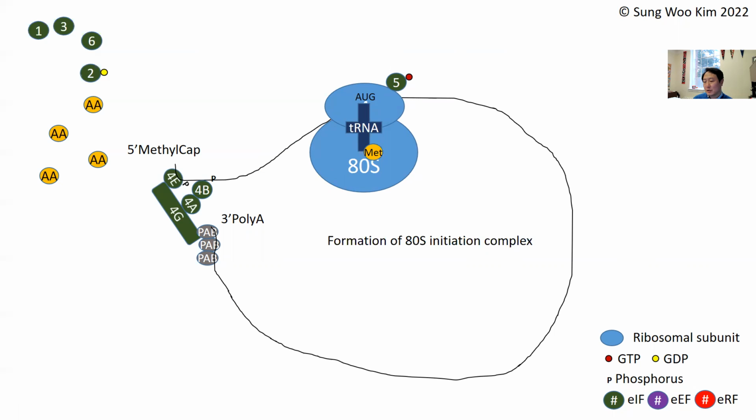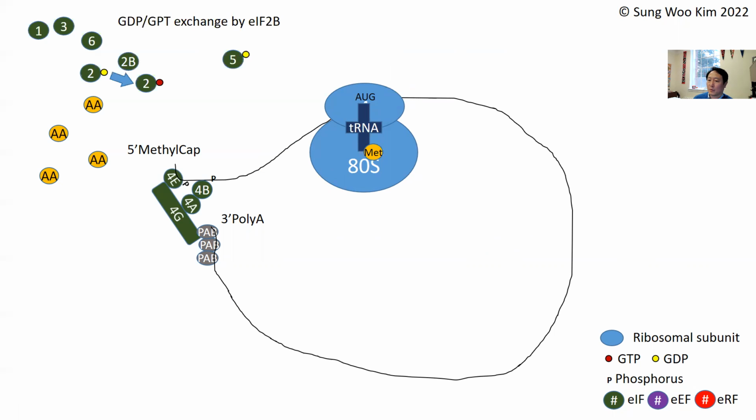This 80S will provide a space for the new amino acid tRNA to come. Now initiation factor 5 will be detached and the GTP is used up and it will remain as GDP.